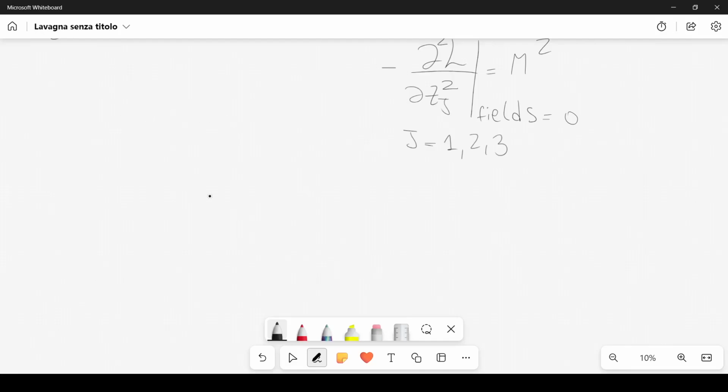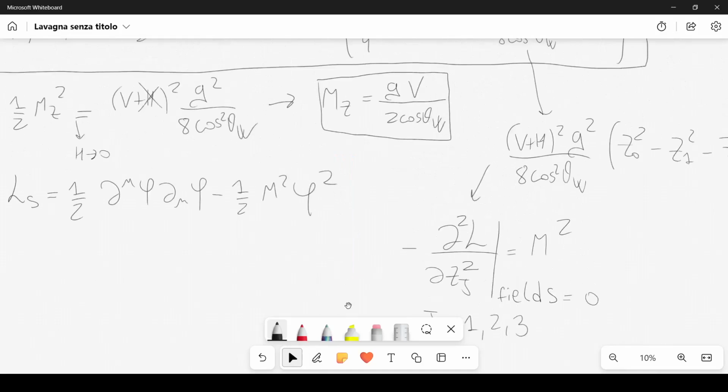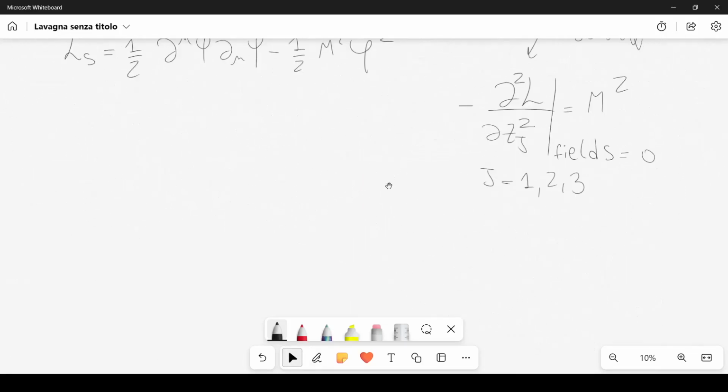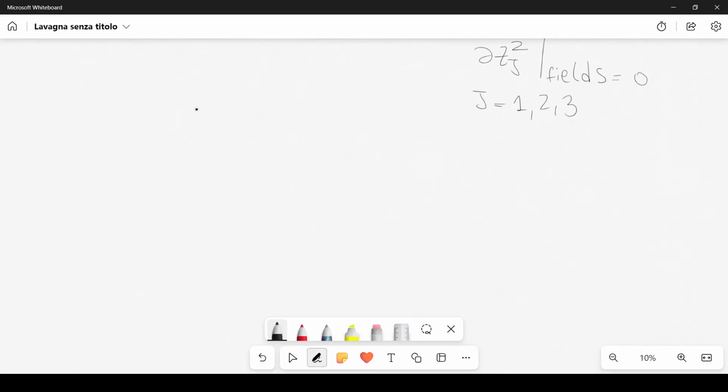You can see that we also have the factor of 1/2 in the real scalar field, but if we have a complex scalar field, the Lagrangian can be written in this form: ∂_μ φ* ∂^μ φ − m² φ* φ. So in this case, you don't have the factor of 1/2.